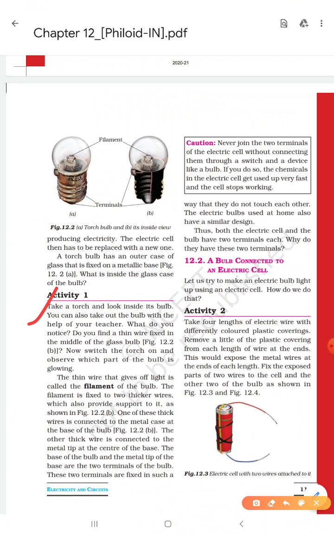Then you have to look inside its bulb. You can also take out the bulb with the help of your parents. Since we are not in your home, you can take help of your parents. Then you will notice there is a thin wire.